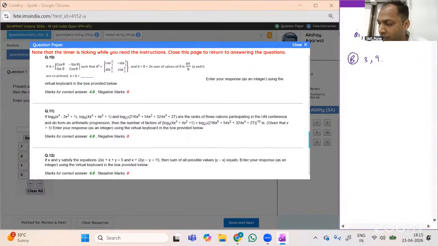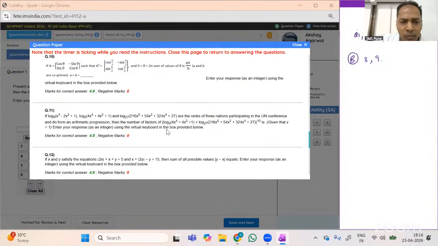10th is something which I would want to try. Log of this and log of this are the ranks of 3 nations participating in the UN conference and do form an AP.